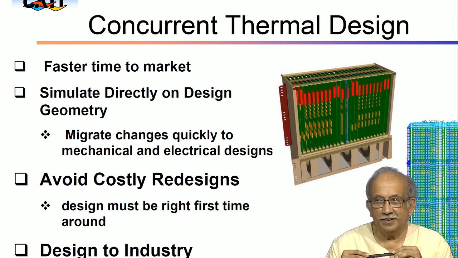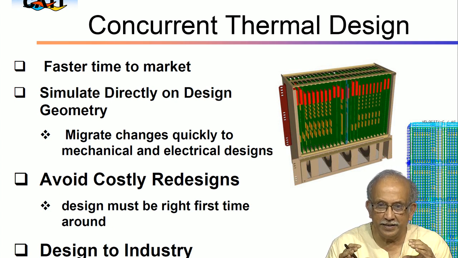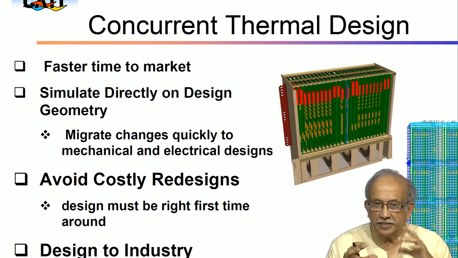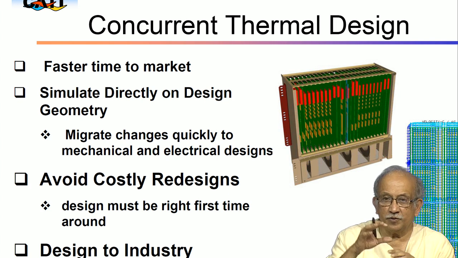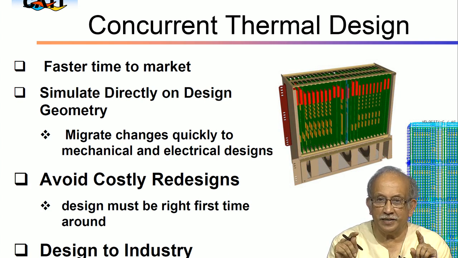So, we have problems. These days instead, people are saying avoid this type of specializing in one area, and somehow all of you work together. It is not about too many cooks spoiling the broth.